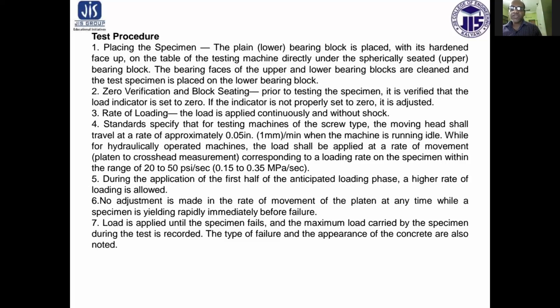Number 7, load is applied until the specimen fails and the maximum load carried by the specimen during the test is recorded. The type of failure and the appearance of the concrete or steel are also noted.